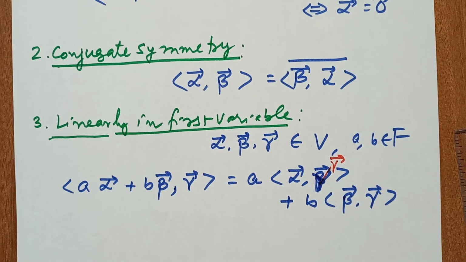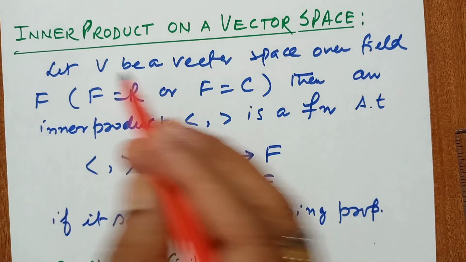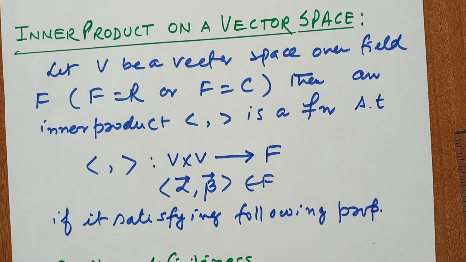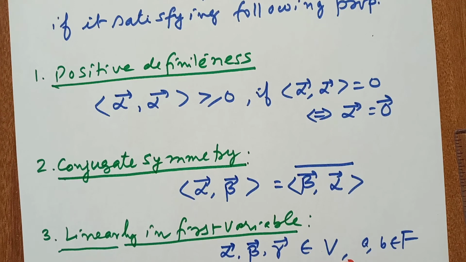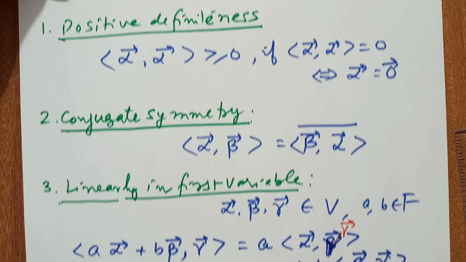So now, inner product on vector space V. We have defined inner product on a vector space. Now if an inner product is defined on a vector space, then that vector space is called an inner product space.